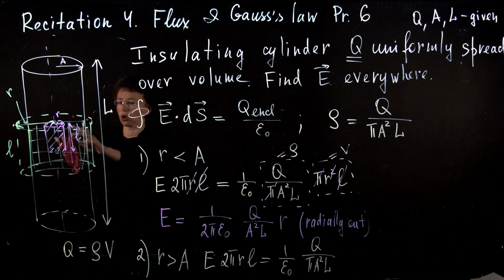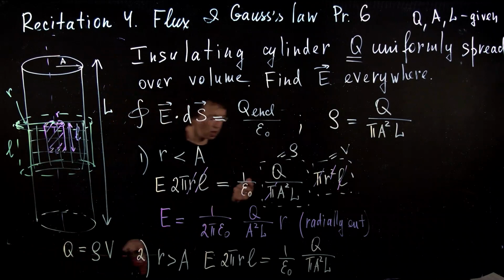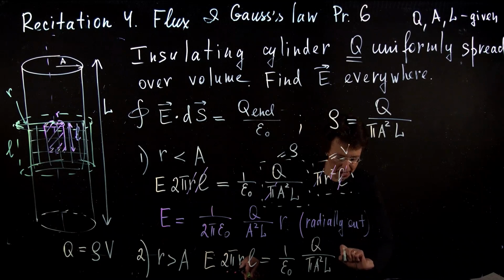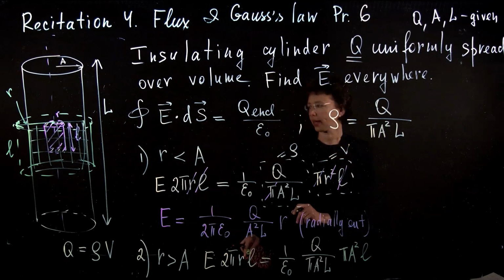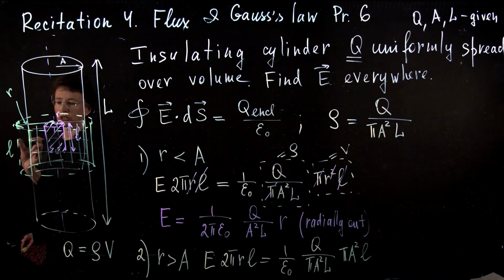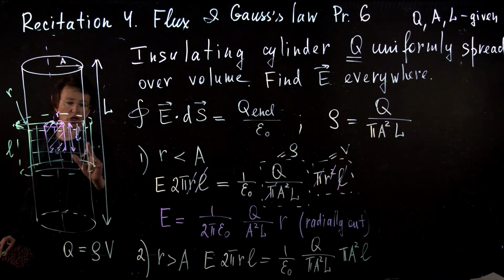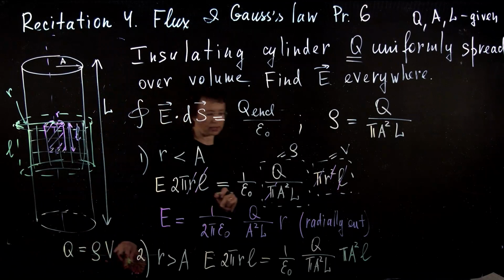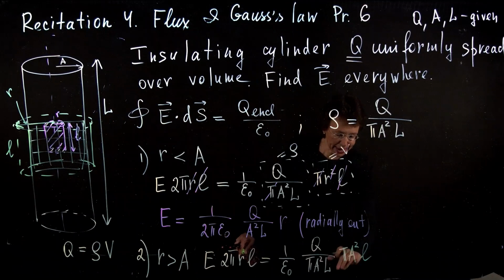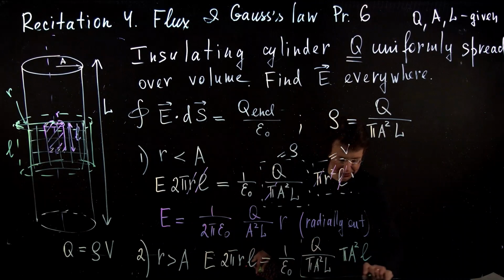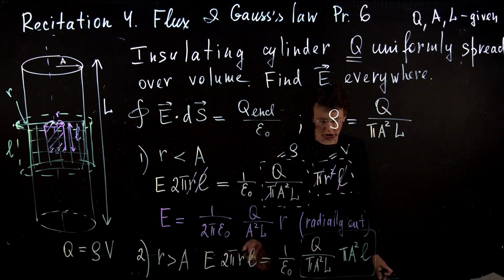What is the volume where the charge is? It is pi A squared times L. I cannot go to r because there is no charge at r greater than A. So I put pi A squared L, and this is my charge enclosed.